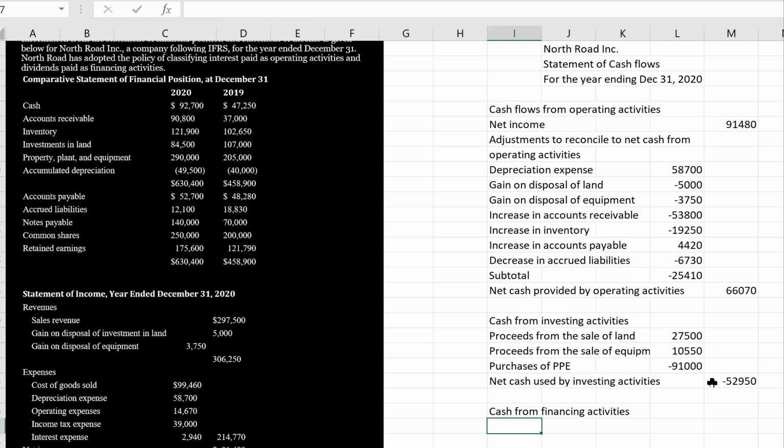So let's take a look at what we have in our statement of financial position. So we've got notes payable, which would be a financing activity, and we've got equity. So let's start with that. So we've got the notes payable. So what happened with notes payable during the year? So notes payable went from 70,000 to 140,000.